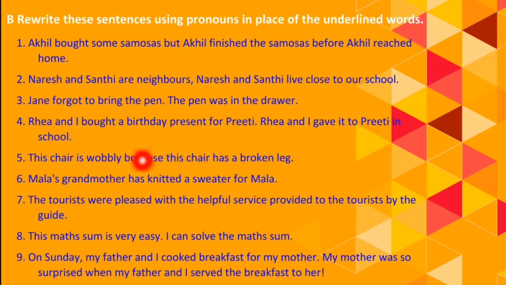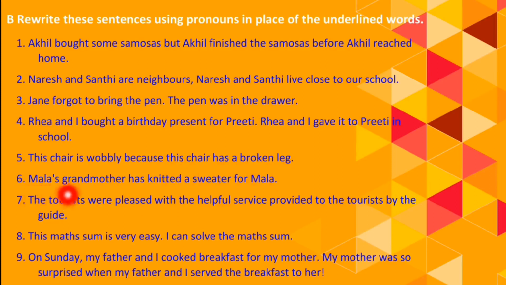This chair is wobbly because this chair has a broken leg. This chair is the name of an object. It is not a living thing. So we can use it. It has a broken leg.